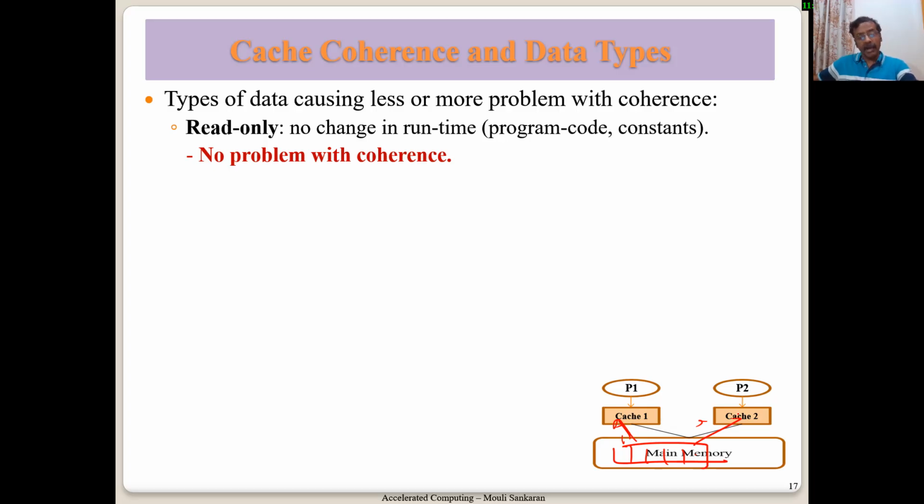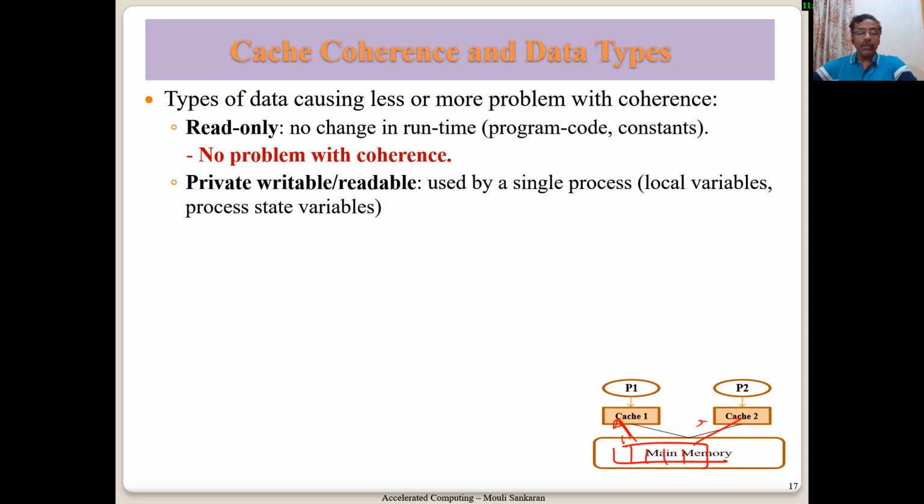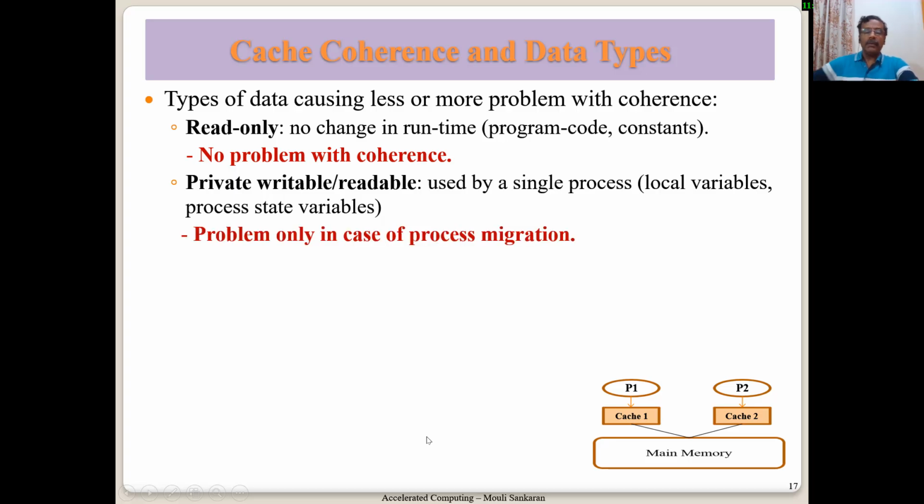Whereas if you have private writable and readable data, that means only one process, which is running on one core, is going to be writing it. Nobody else is going to write into it or read from it. It's like your own private copy. Then also you don't have any problem unless that process which is privately maintaining its own data is migrated. If only one process is going to write into or read from one particular location, I'm talking about a block of data, and nobody else is going to read from it, then this process is going to run in one place, right?